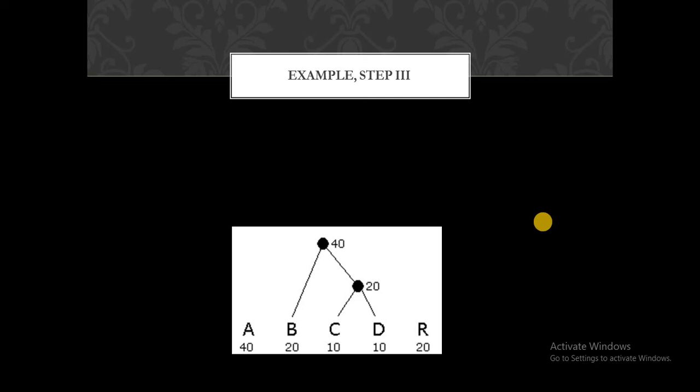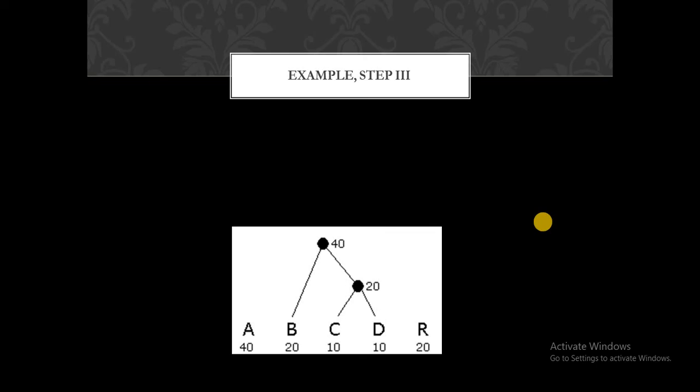After adding B plus C plus D. So now it is completely considered as B plus C plus D. So now we have three nodes. One is A, that is 40, the second child node is B plus C plus D, and the third child node is R. The frequency of the first child node is 40, the frequency of the second child node, B plus C plus D, is 40, and the frequency of the third node is 20.